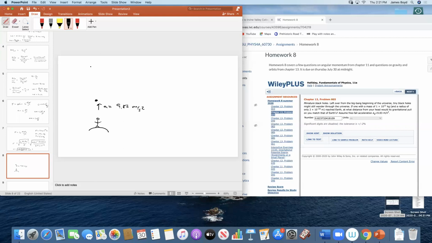And we know the force, ma, is equal to G M over r squared. This is your mass, so this is the mass of the black hole. We're told the mass of the black hole is 1 times 10 to the 11th kilograms, okay? We want to know when a is equal to 9.83, what is r? So we get r is the square root of GM over a.